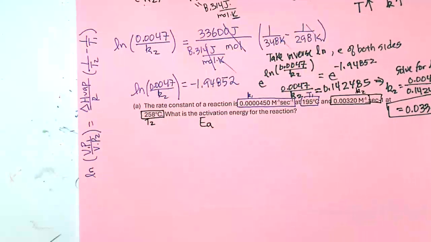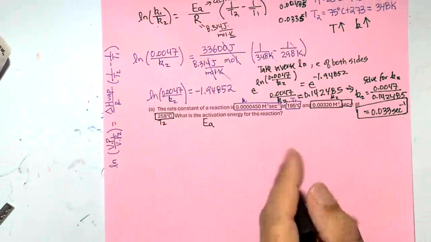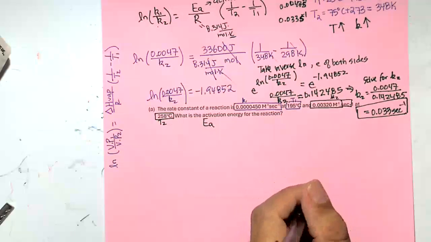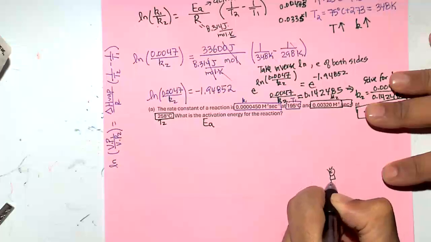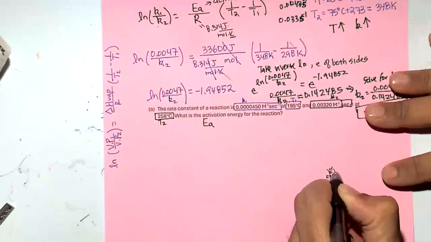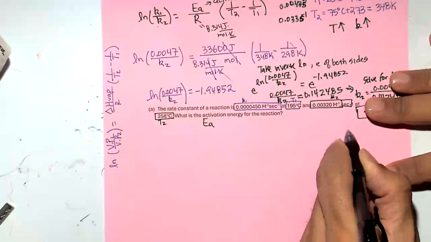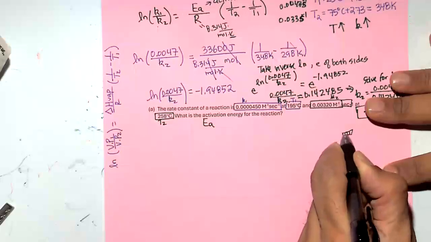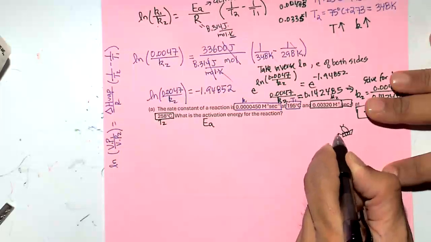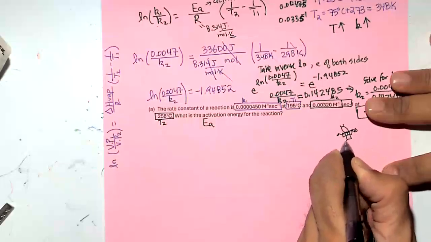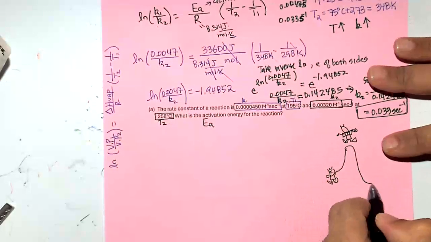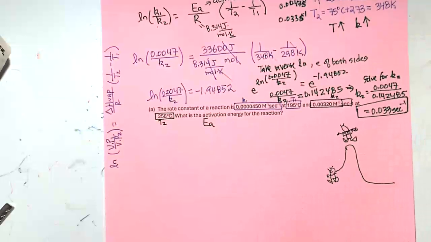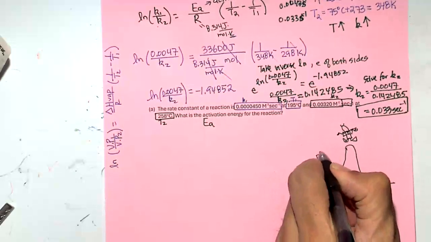So the activation energy is Ea. Activation energy is a hump. Imagine putting a sweater on a child. It's very difficult up to a certain point, you put in a lot of energy, but once you get that sweater in, it's all downhill.